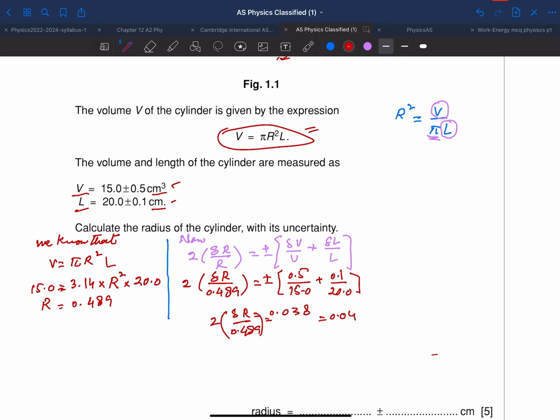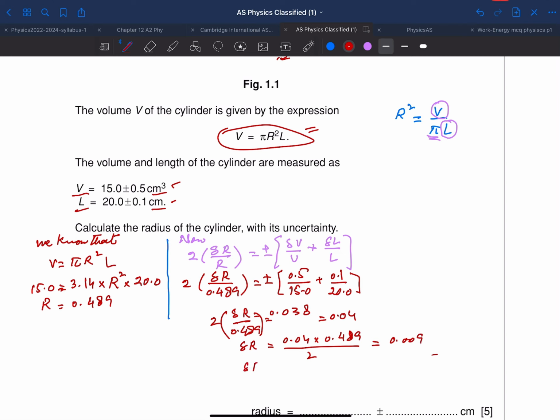So when you use this 0.04, you have to write del r as 0.04 multiplied by 0.489 divided by 2. This will give you the value of your absolute uncertainty, which is coming as 0.009.